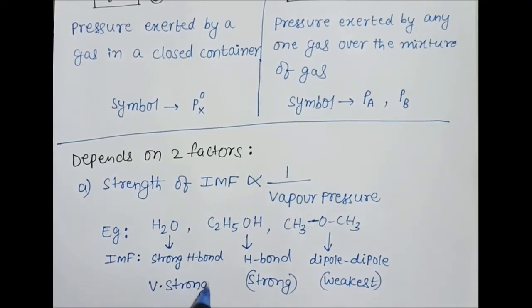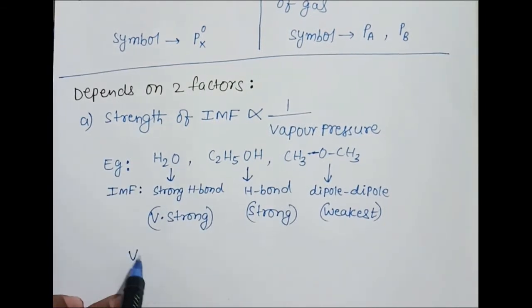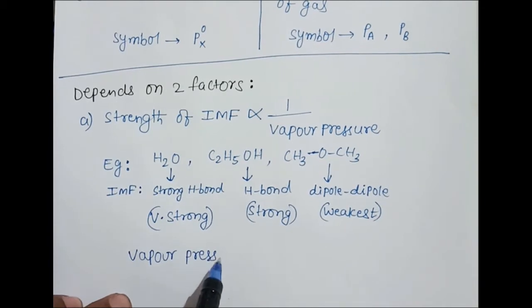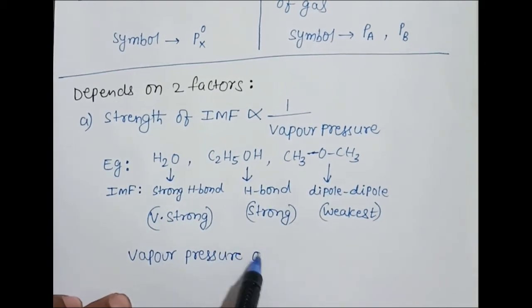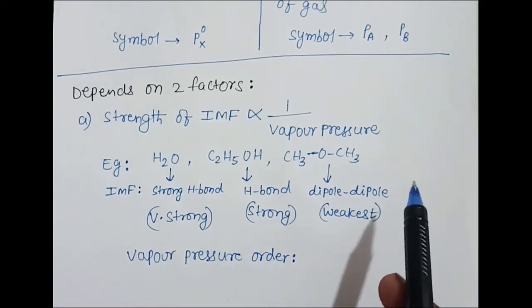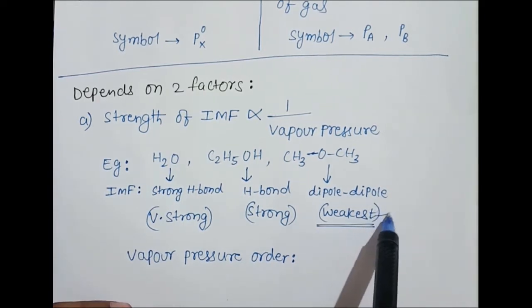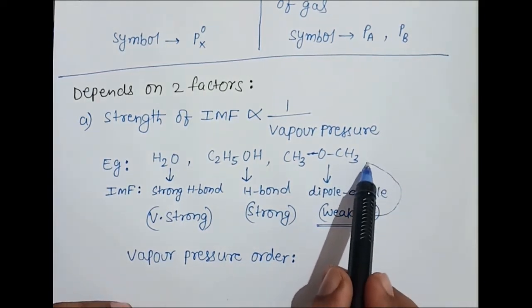So now can you tell me the vapor pressure order? Yes, the compound in which intermolecular force is weak will have more vapor pressure. Dipole force is the weakest force, so vapor pressure will be more.